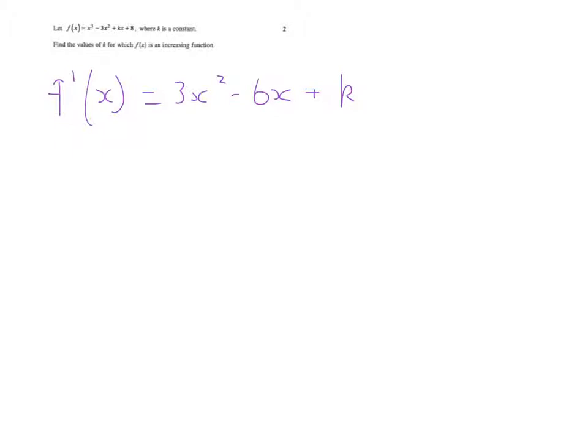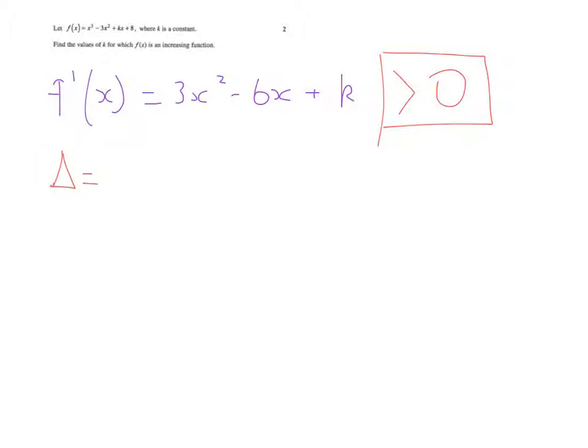So if I want to know it is increasing, that means that this is going to have to be above the axis always. Now, for that to occur, that is a quadratic function, which means if I'm thinking always above the axis, I'm thinking discriminant. So I'm going to write down the expression for the discriminant of this derivative function.